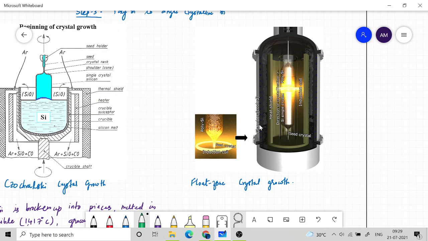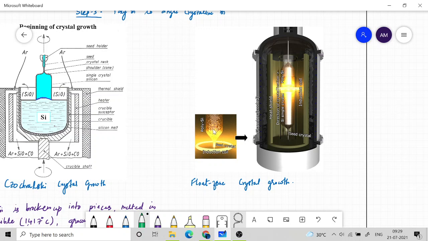structure. And as you move up and up, what about the impurities? The impurities will not get in, because we are not physically contacting this with any crucible or furnace boundaries or anything like that.